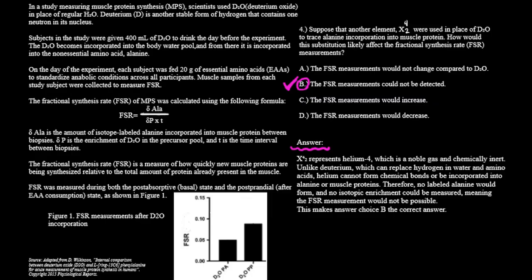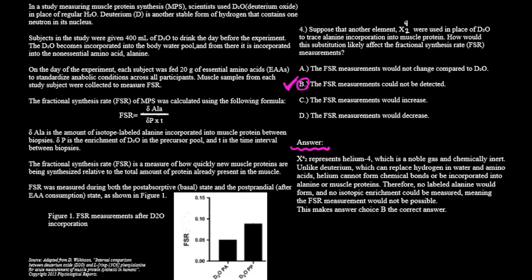Question number 4. It says suppose that another element, X with a superscript of 4 and a subscript of 2, were used in place of D2O to trace alanine incorporation into muscle protein. How would this substitution likely affect the fractional synthesis rate, FSR, measurements? This is a classic think-beyond-the-text question.